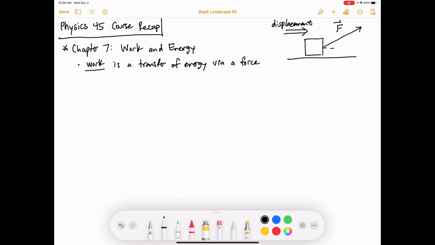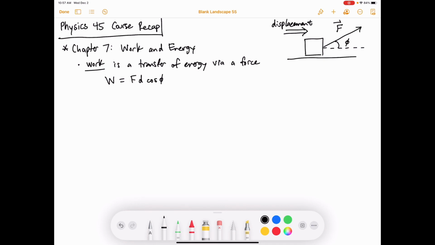So again, the force and the displacement aren't necessarily going to be in the same direction. There can be some arbitrary angle between them, which we call phi. So how do we calculate the work then? Well, there's some different formulas that we've seen, but at a basic level, it's just force times the distance that we move times cosine of the angle phi.